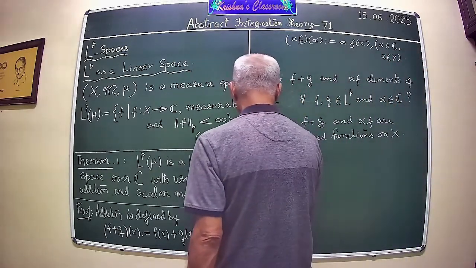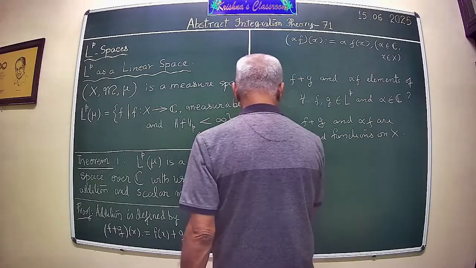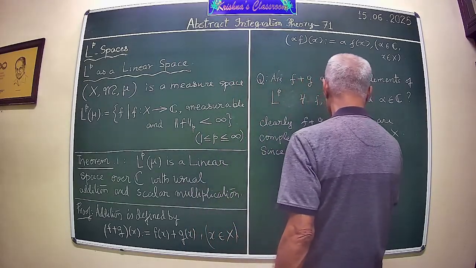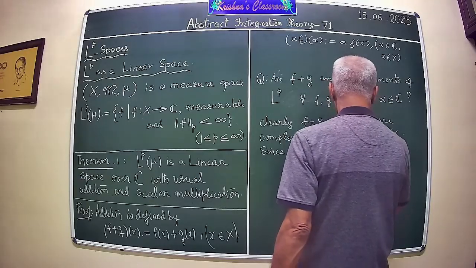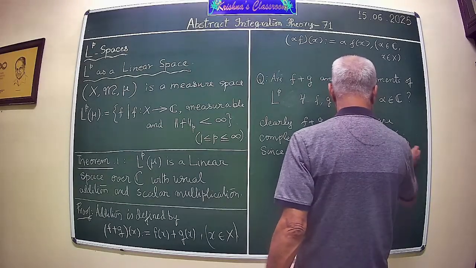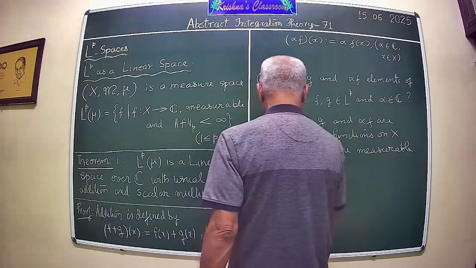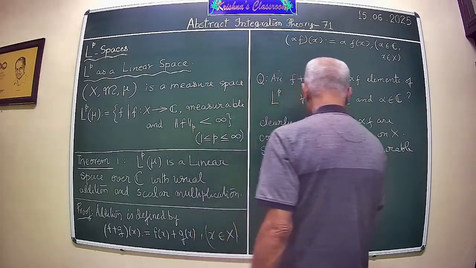Since f and g are measurable, f plus g and alpha f are measurable.